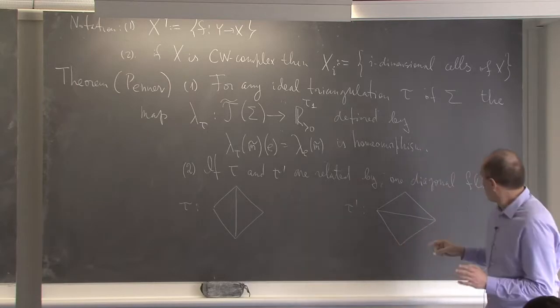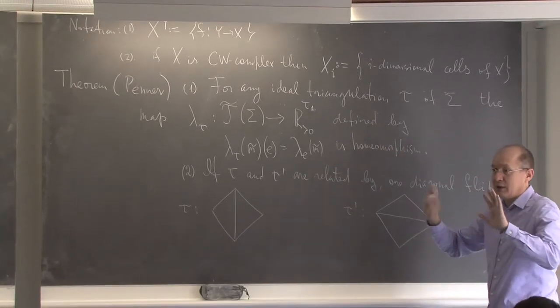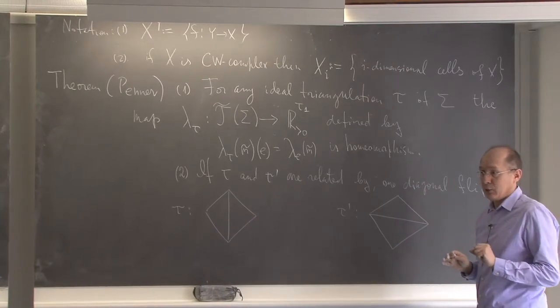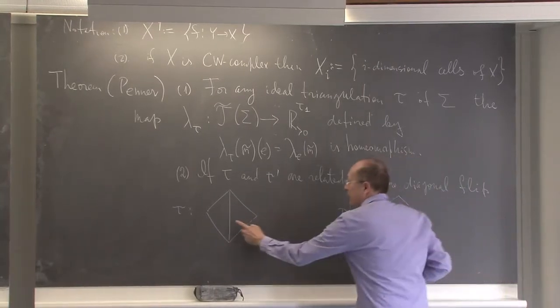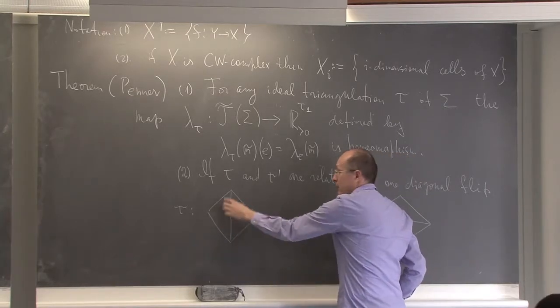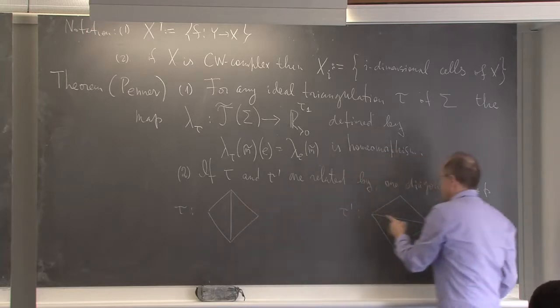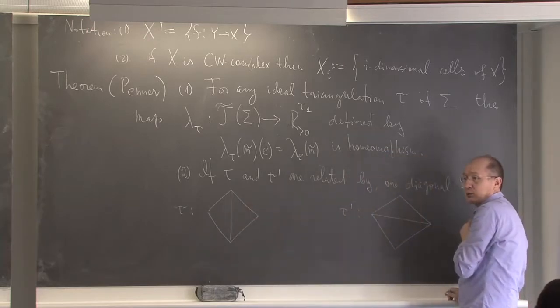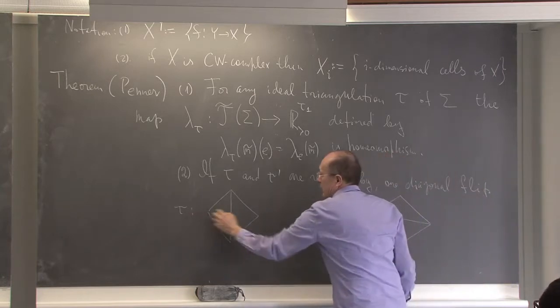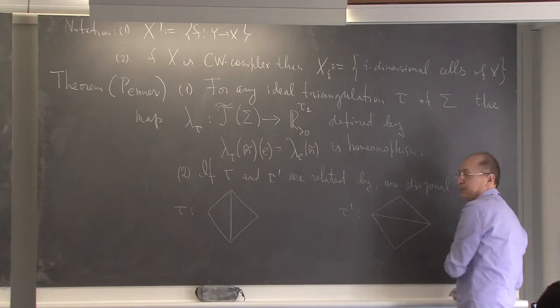When I say this, it means that these are almost identical ideal triangulations, but with only one difference inside a given quadrilateral. So we pick up two triangles, and then the corresponding quadrilateral can be triangulated in two possible ways. One choice corresponds to tau, another choice corresponds to tau prime.